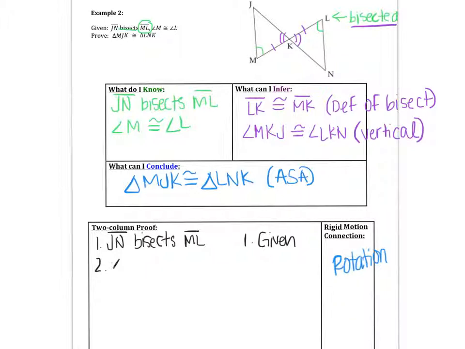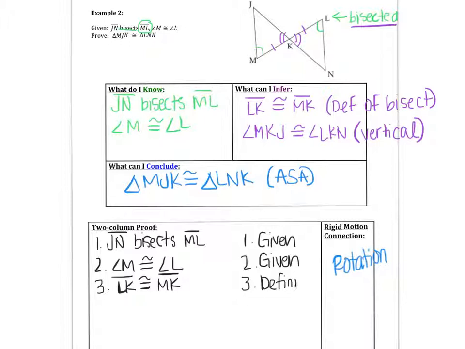My second step is angle M is congruent to angle L. I know that because it's given. And then I concluded, or I inferred, that LK is congruent to MK, and I did that because it's the definition of bisect. I used that term and interpreted it.